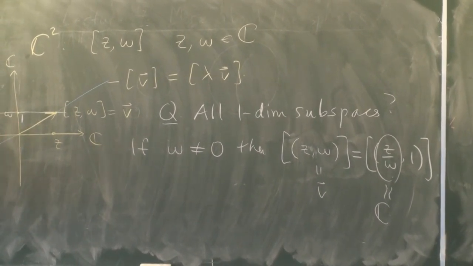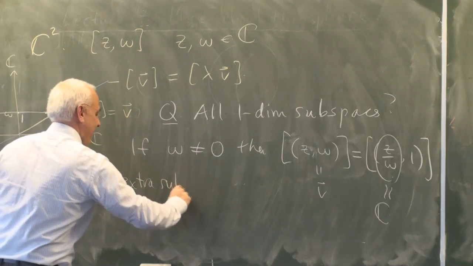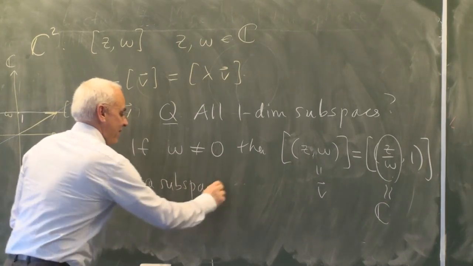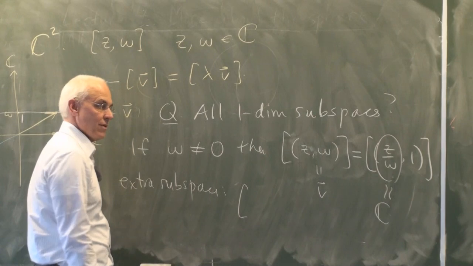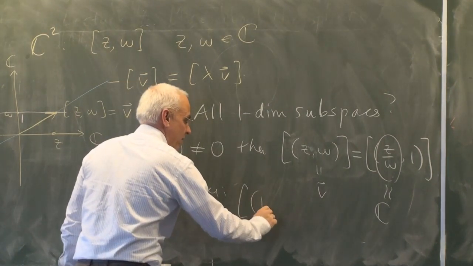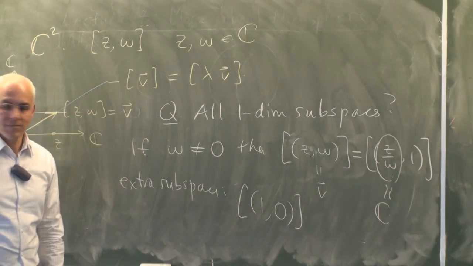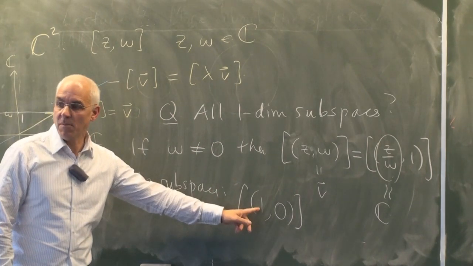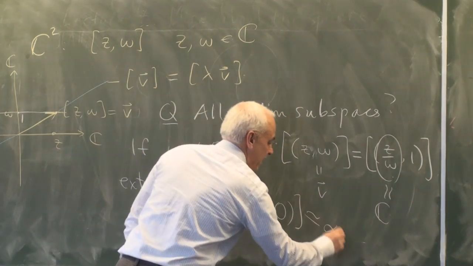But there's one extra subspace that is not included, and the extra subspace is the line through the point (1, 0). And you can multiply that by any complex number. All right, so that's our point at infinity.